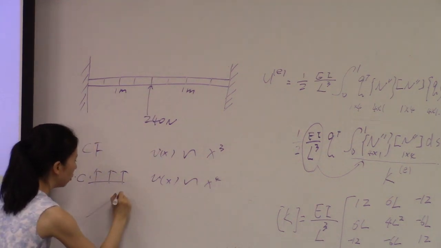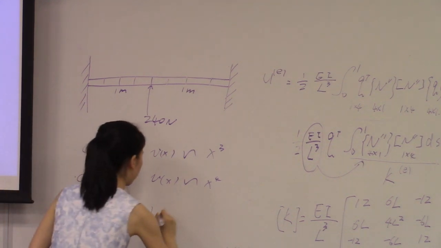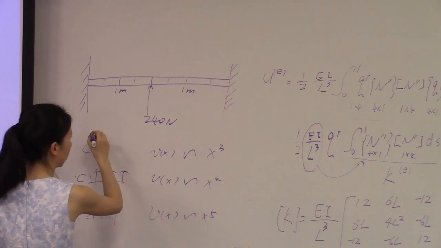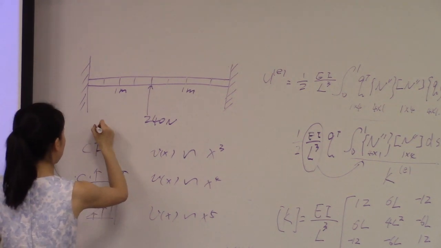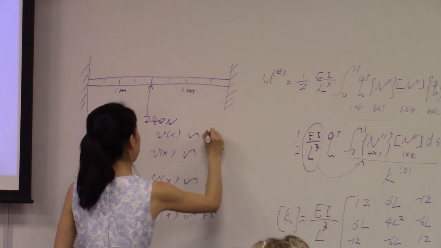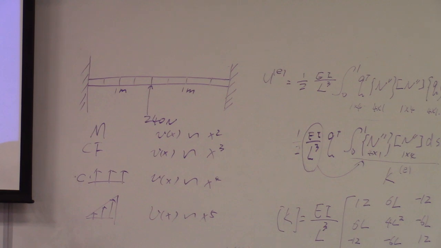If it's a linearly changing distributed force, v(x) should be x to the 5th order. And to make it complete, if it's a bending moment, just applying a couple, v(x) should be x squared. Do you remember this? I did this in the Abaqus tutorial.